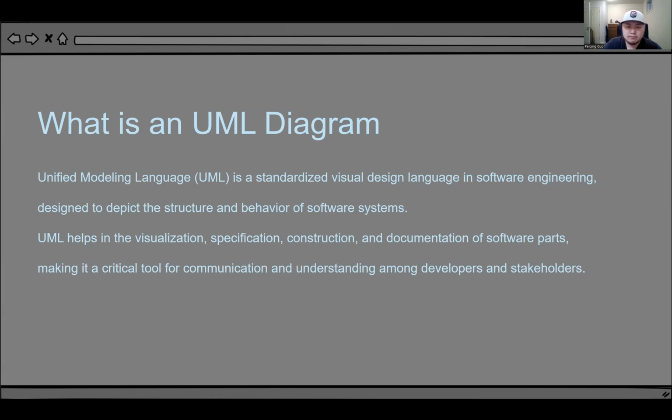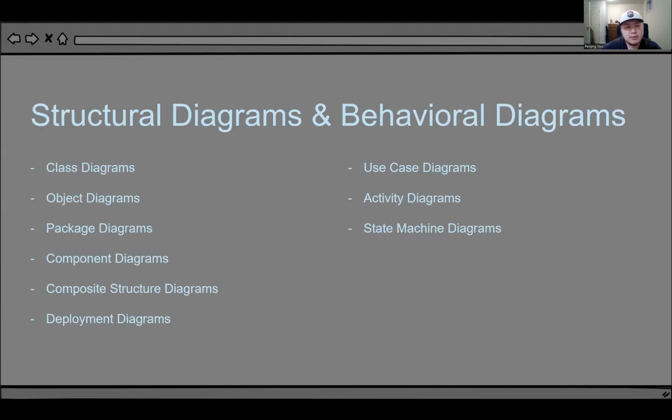For the sake of time, I'm not going to go into details of the different types of diagrams, but there are two general types of UML diagrams, structural diagrams and behavior diagrams. Structural diagrams branch into class diagrams, object diagrams, package diagrams, component diagrams, composite structure diagrams, and deployment diagrams.